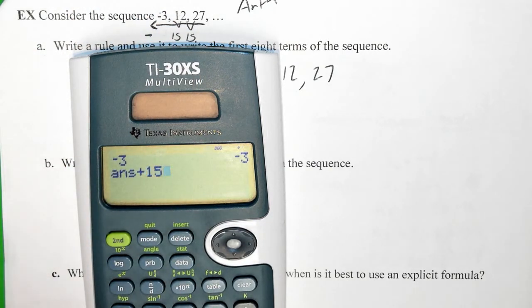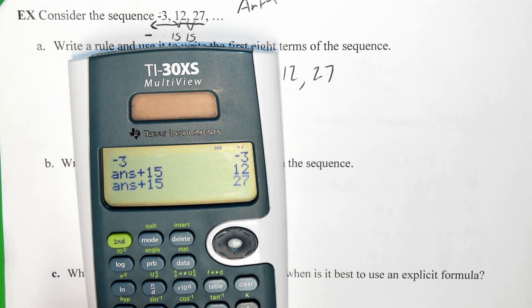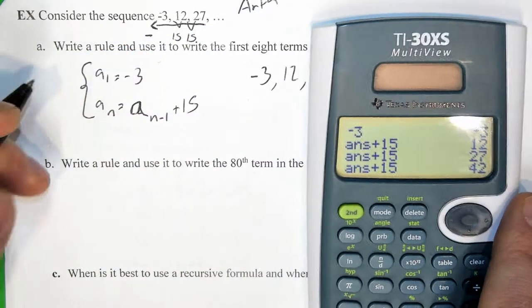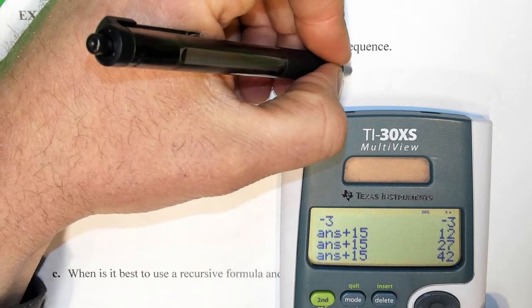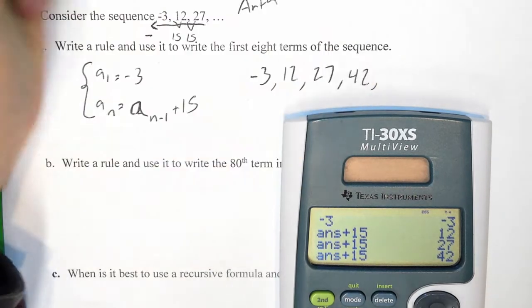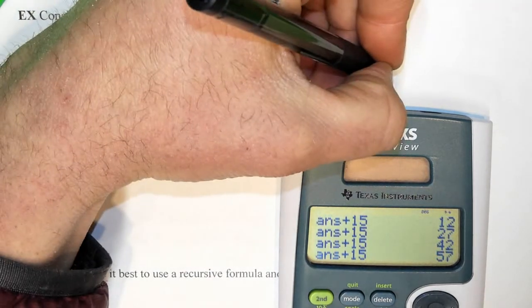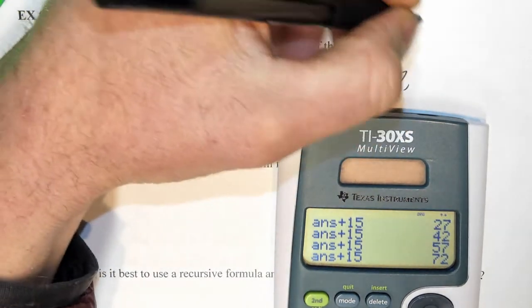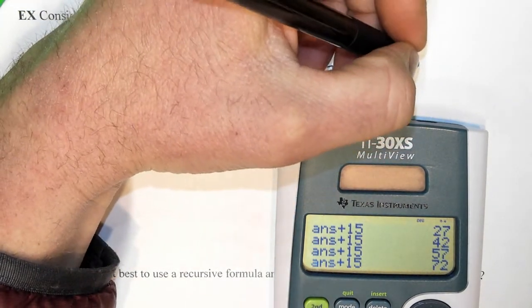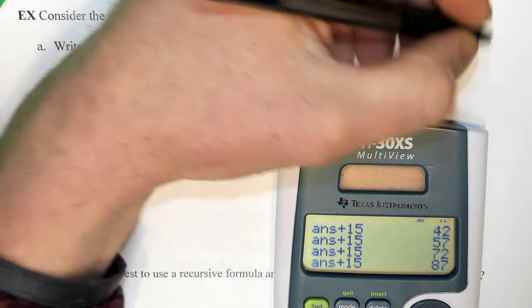So if I just simply hit the plus sign and the 15, my calculator will start spitting out all of the terms in the recursive. It's thinking about the problem in a recursive way, and it's giving me the answers very quickly and very conveniently. Even if I wasn't using my calculator, I could use my brain and get these answers very quickly and easily because they're not that difficult. It's just simply adding 15 each time, and it goes pretty smoothly. So that's great.